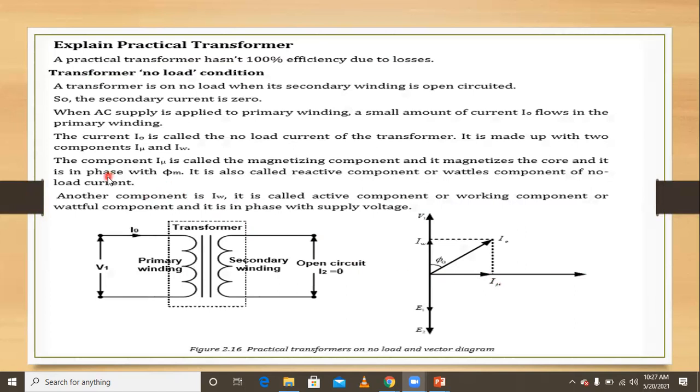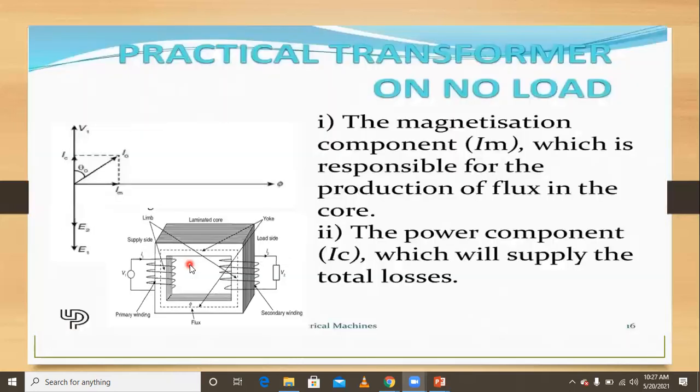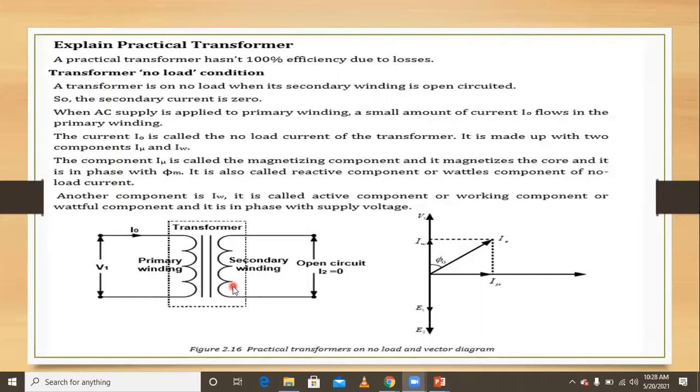It is also called the reactive component or wattless component of the no load current.